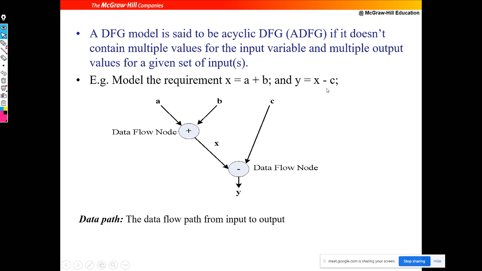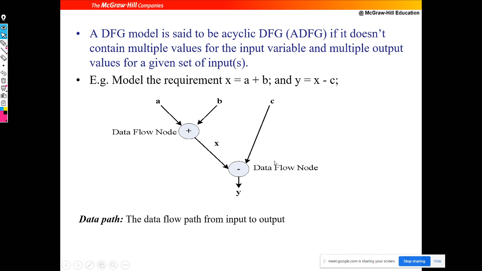Now you have y equals x minus c. So you have one node here, a subtraction, which does x minus c, and the result becomes y. That's all about this. It's called a data flow graph or data flow diagram, however you want to call it. And this particular example is called an acyclic data flow graph because there are no cycles, no loops.